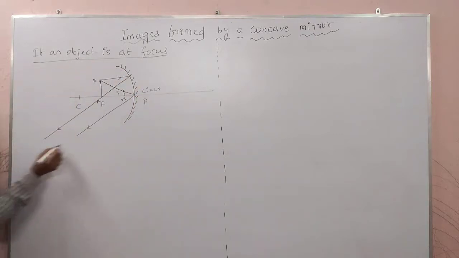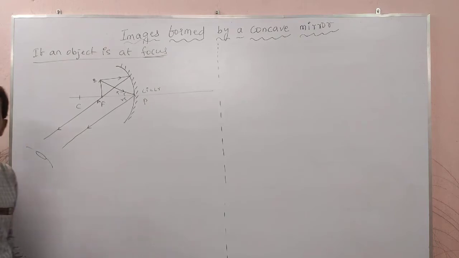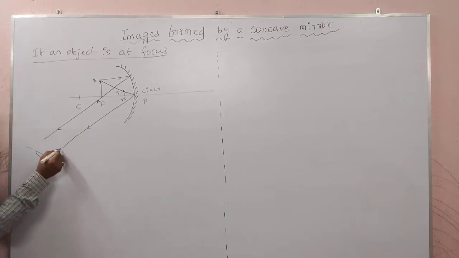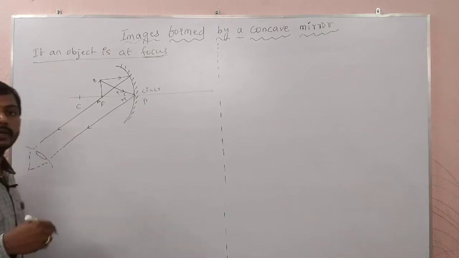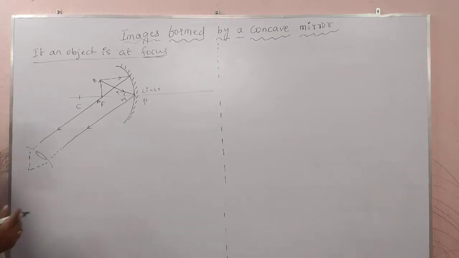Once observe, I placed my eye here. Then these two rays came and reached the retina like this. Then my brain makes a suggestion: find where these two lines came from.